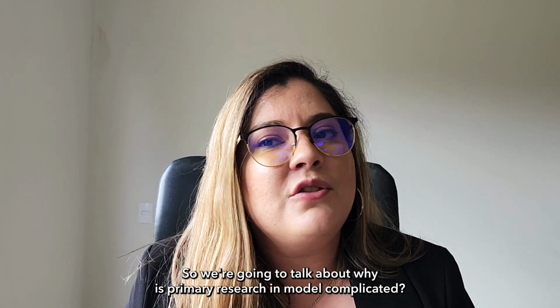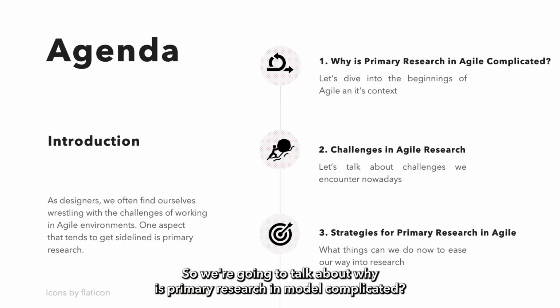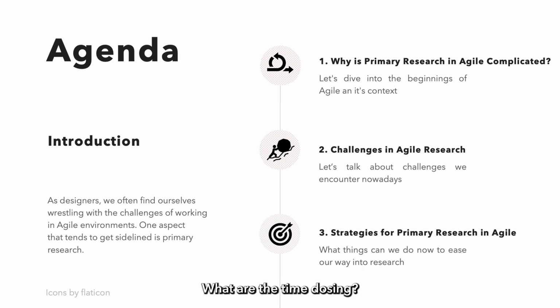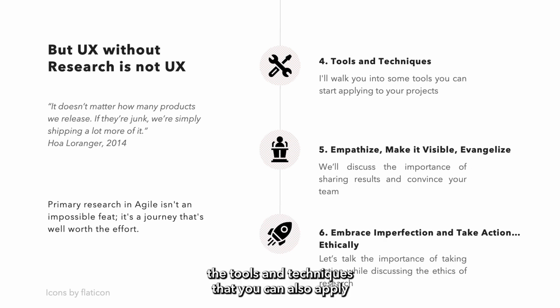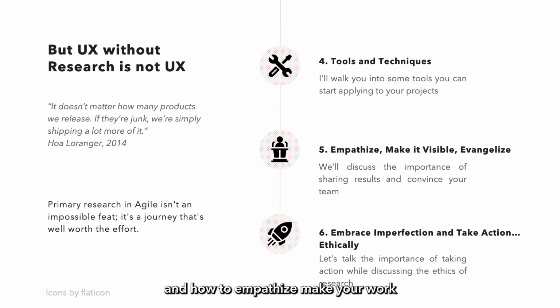So, we're going to talk about why primary research in Agile is complicated, what the challenges in Agile research are, the strategies for primary research in Agile that you can apply today, the tools and techniques that you can also apply, how to empathize, make your work visible, and evangelize about your work.